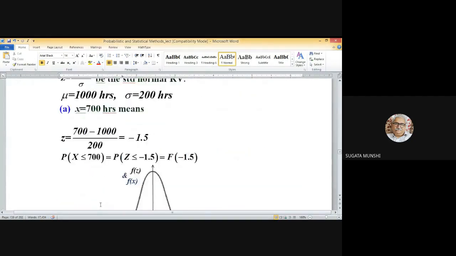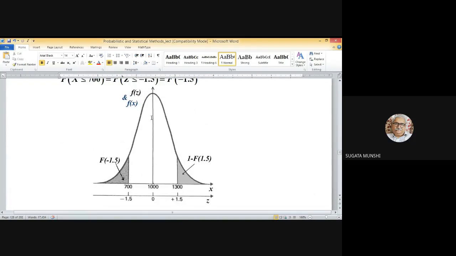It's symmetric about z equal to 0. So if z is negative, only then the value of capital F of z, that means the area under small f of z, can be less than 0.5.